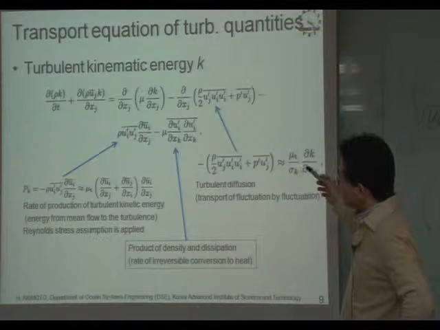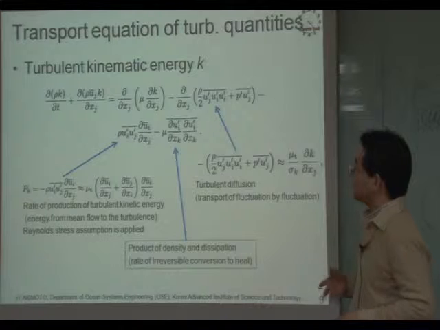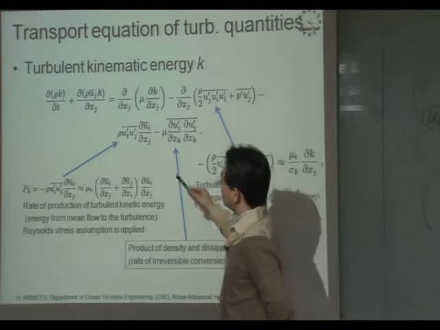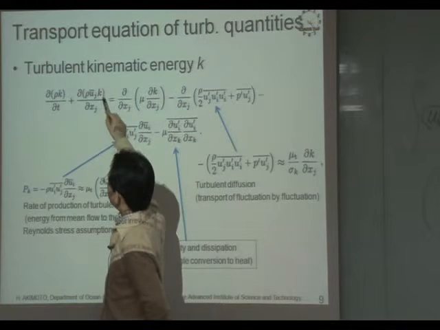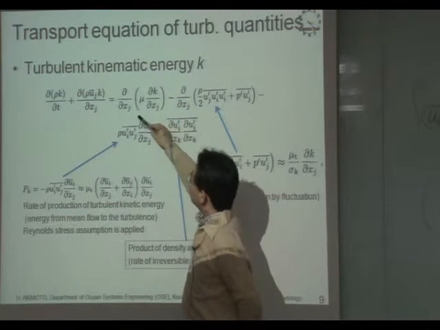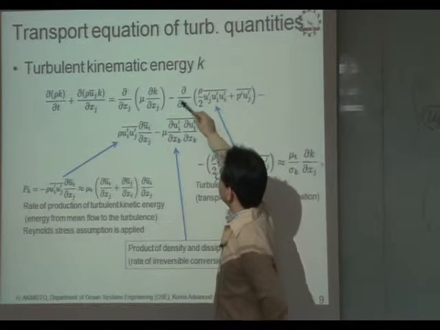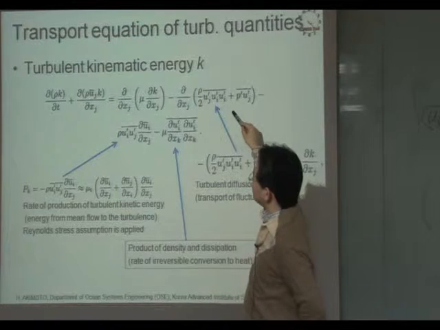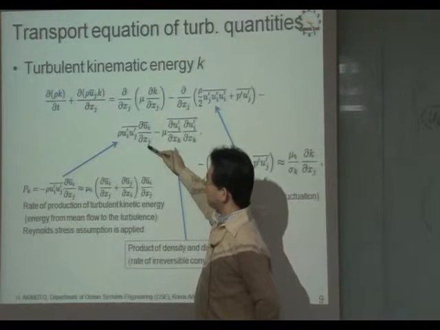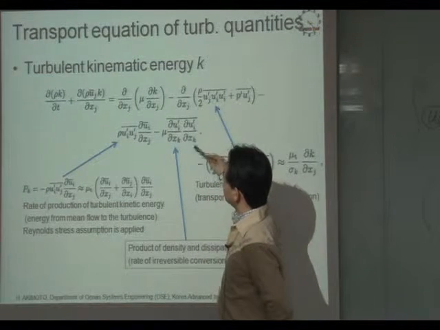So this equation is complicated, but it has the basics of a transport equation. It has a convection term and a diffusion term. Diffusion is caused by molecular viscosity, and this is additional diffusion caused by turbulence. And this one is production, and this one is dissipation.